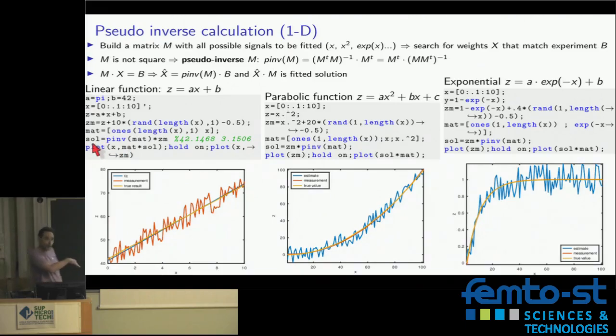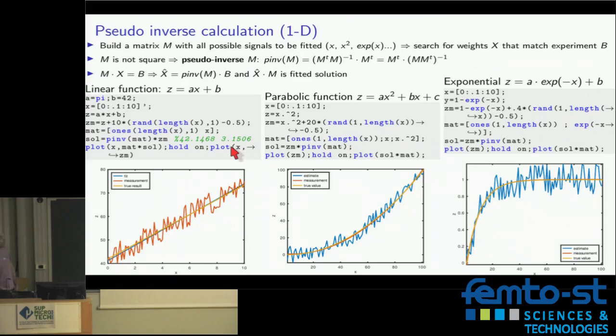So here you got your parameters, and then you might want to know what is the quality of your fit. So how does your estimated data compare with the measured data? To do this, you take the matrix of what you want to fit, so you have your constant term here and your linearly evolving term here, and you multiply by the coefficients, the parameters that you just found. That will be a vector which has the same length as Zm over here, and you can plot it.